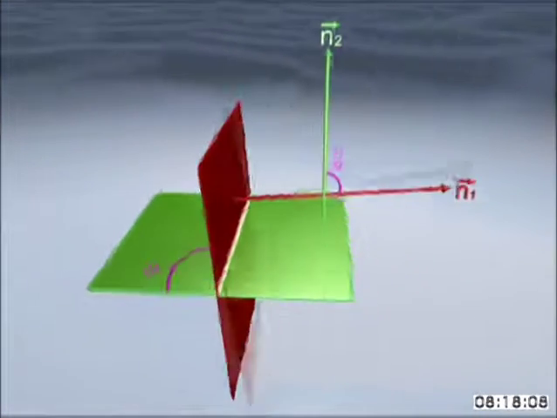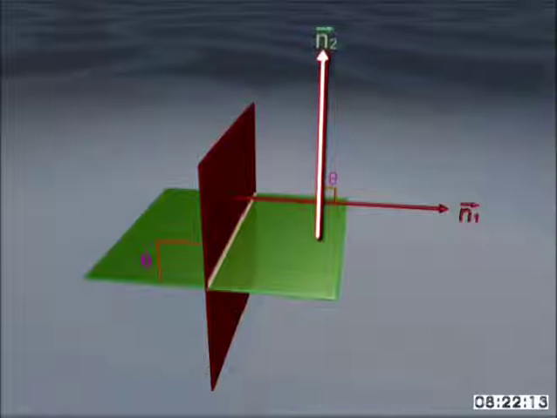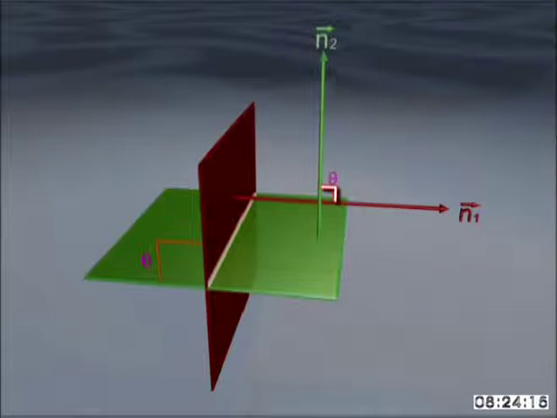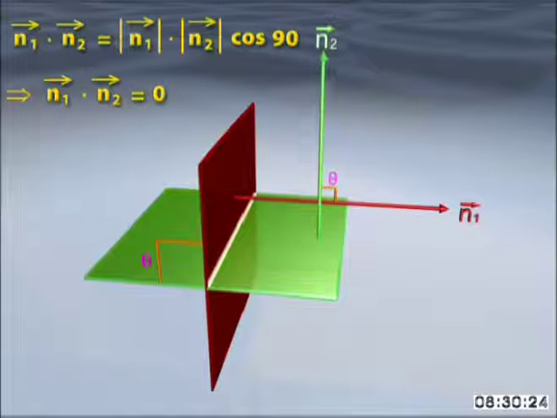If the normals vector n1 and vector n2 are perpendicular to each other, that means they are at 90 degree angle, then their dot product is equal to 0, as cosine of 90 degrees is equal to 0.